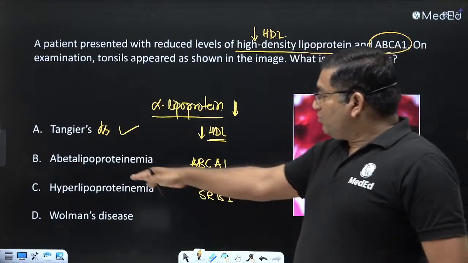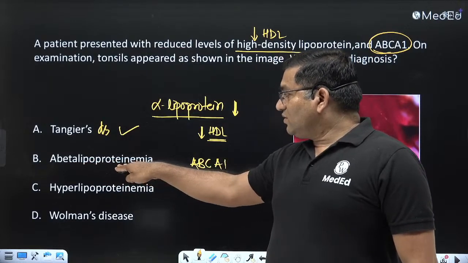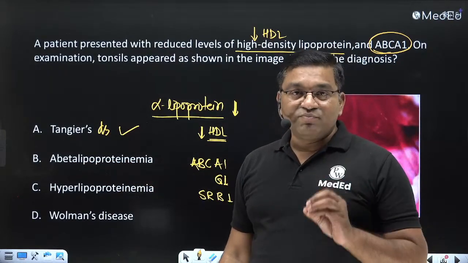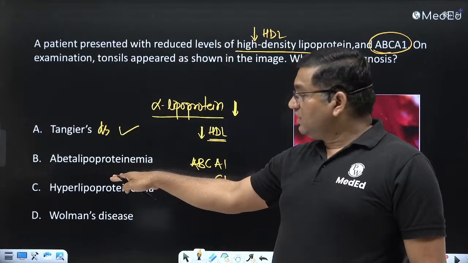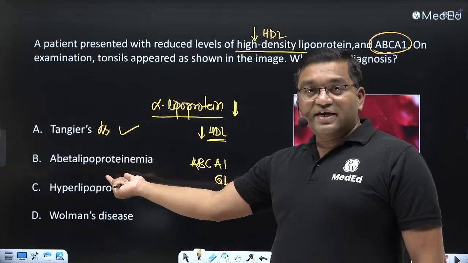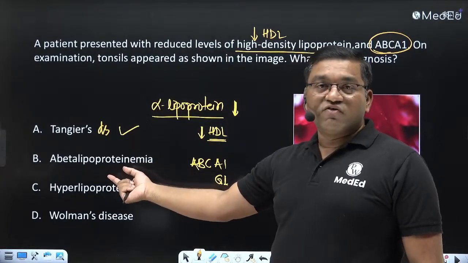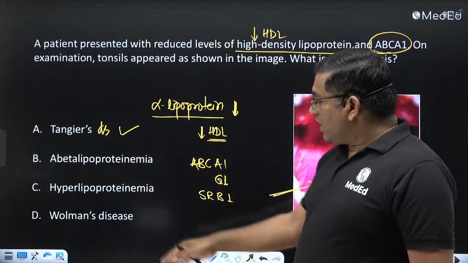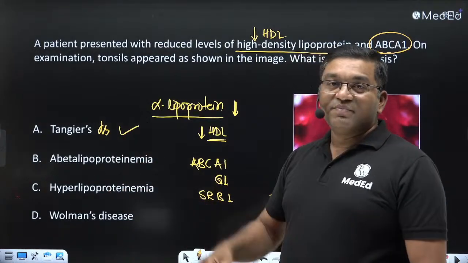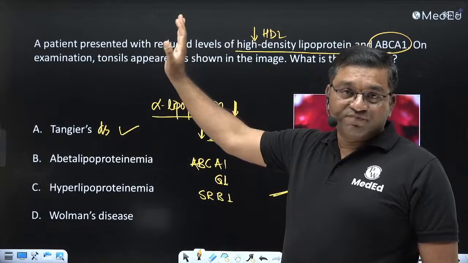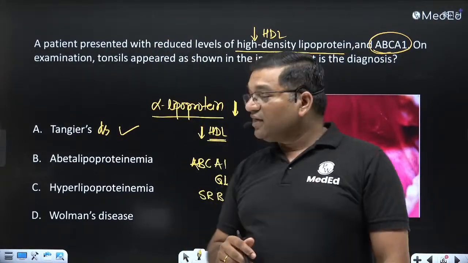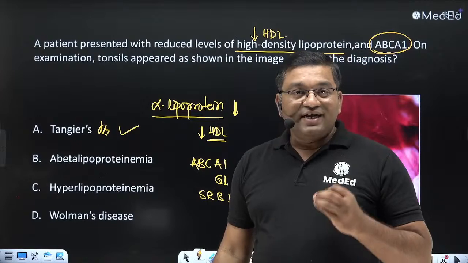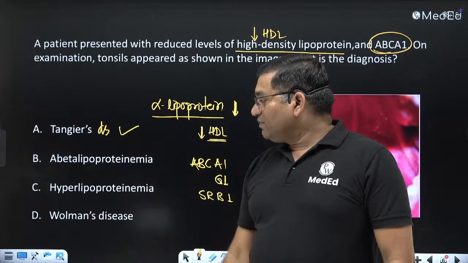In abetalipoproteinemia, there is complete absence of beta lipoprotein. VLDL, LDL and chylomicron will not form in abetalipoproteinemia. In hyperlipoproteinemia, there may be a history of xanthomas, and elevated levels of TG, LDL and cholesterol will be there.